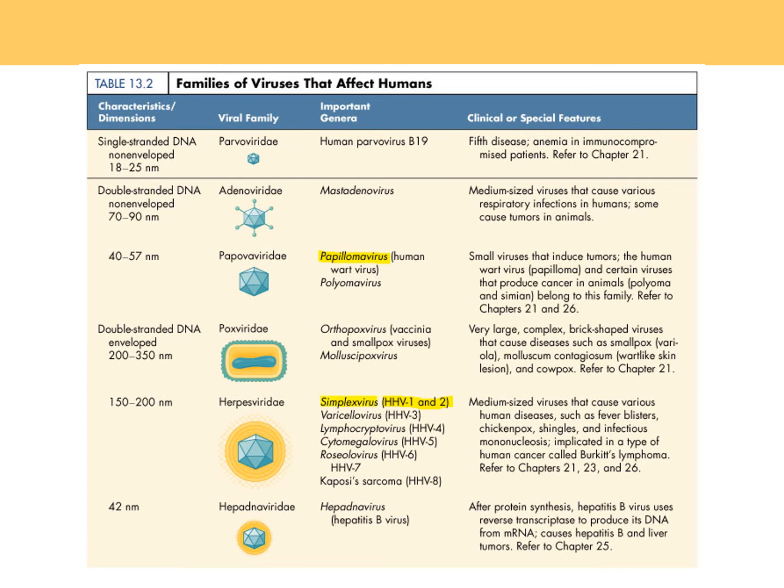So it's called sometimes simplex virus. We'll talk about that later more. The varicella virus, which is human herpes virus 3, that causes chicken pox and shingles.